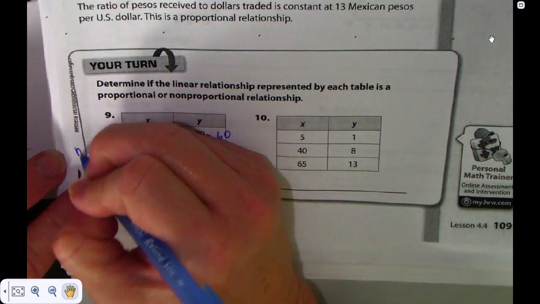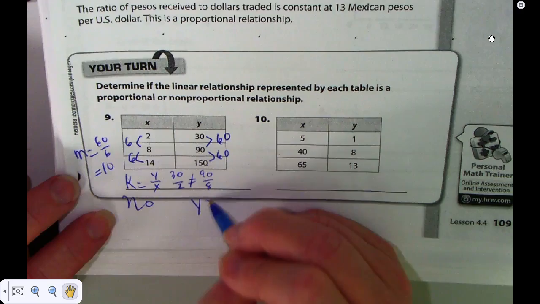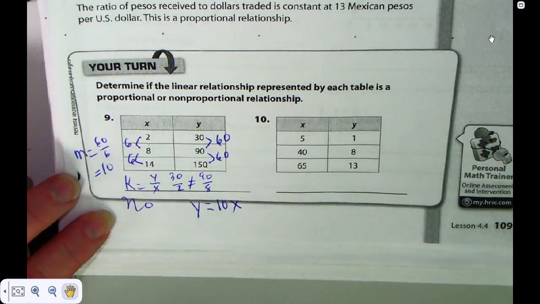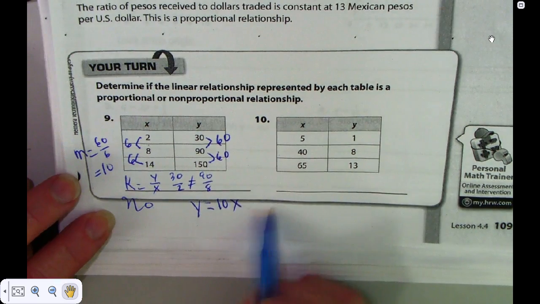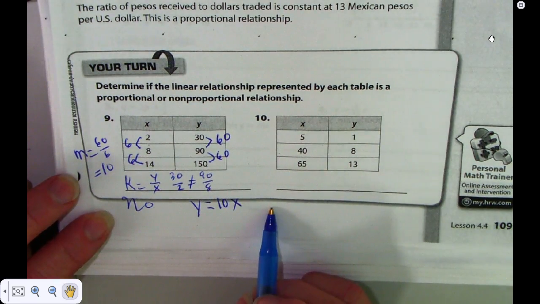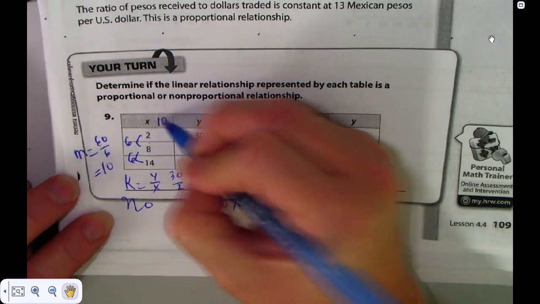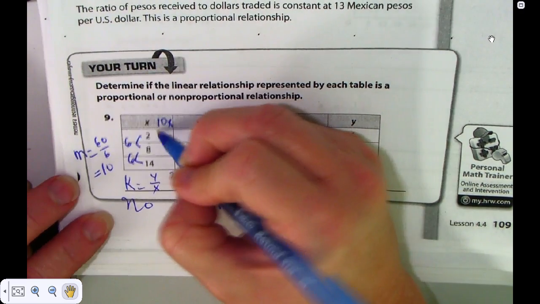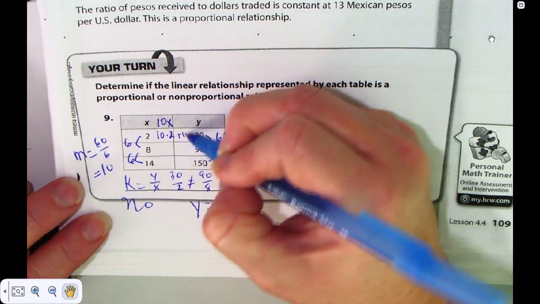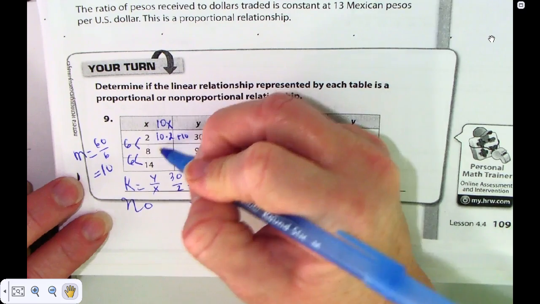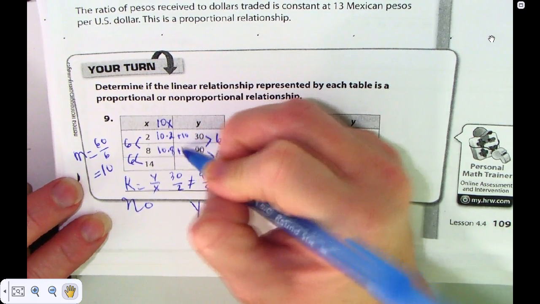So what does 60 over 6 equal? 10. So I know that y equals 10x. I know it's going to be linear, but not proportional. So I know I've got a plus or a minus. I've got a y-intercept I got to figure out. So come up here, 10x. 10 times 2 is 20 plus 10 is 30. 10 times 8 plus 10.